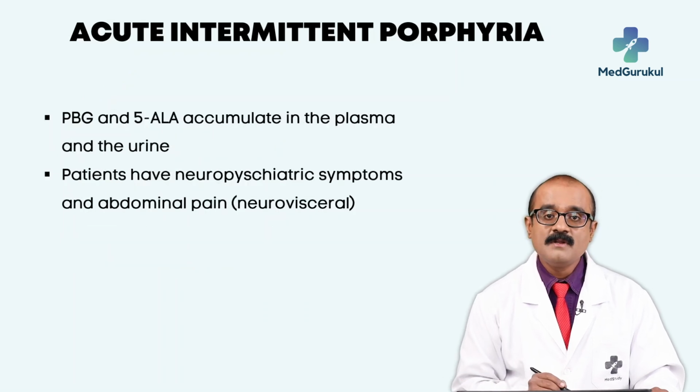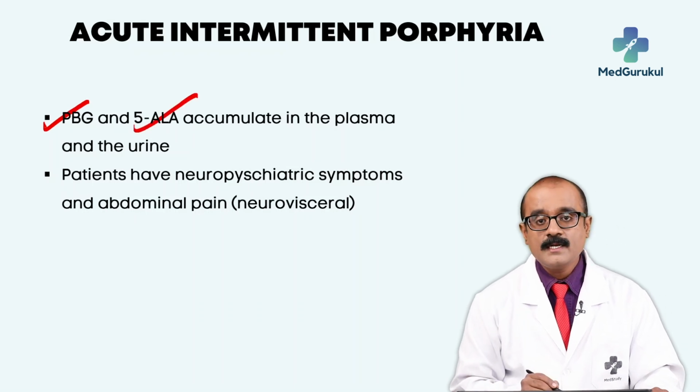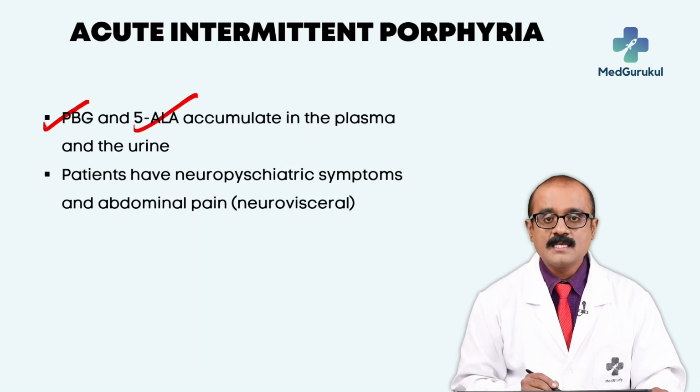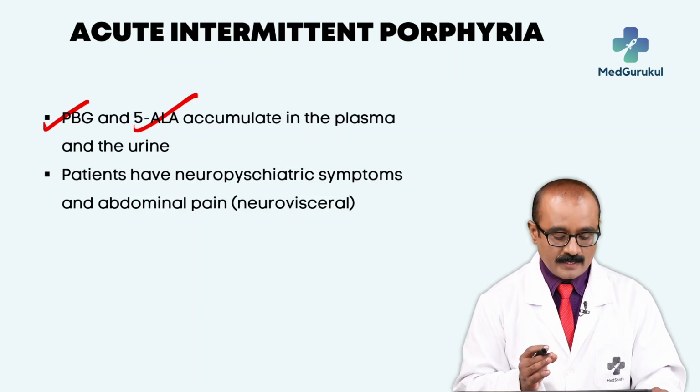Because of this enzyme defect, PBG and delta aminolevulinic acid accumulate both in plasma as well as in urine. That means there is no accumulation of either porphyrinogens or porphyrins, so there is no photosensitivity in this type of porphyria.